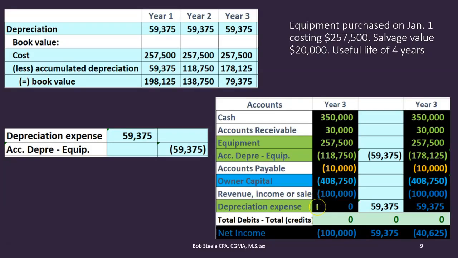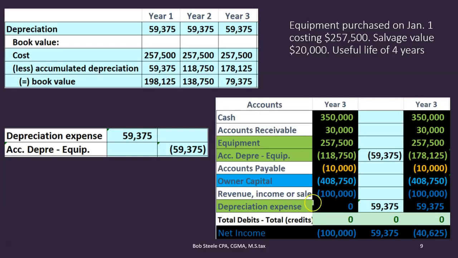And then the accumulated depreciation is now 0. Why? Because it got closed out last time in the closing process to the capital account. So once again, remember that the accumulated depreciation goes up and it never goes away until we sell the item, whereas the expense is a temporary account that gets closed out to the equity section after every period.